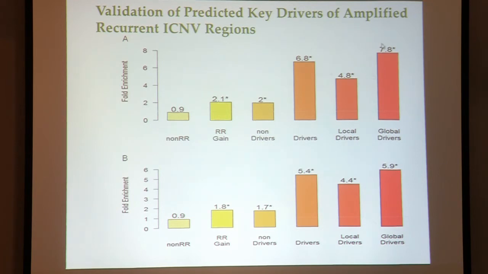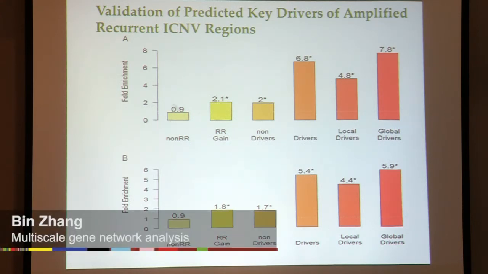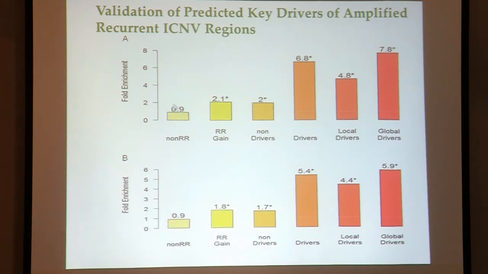Then we overlay those driver genes and non-driver genes with this siRNA hit signature. We found that those drivers, especially the global drivers, are 8 times more likely to impact cancer cell proliferation than the genes on the non-recurrent regions.